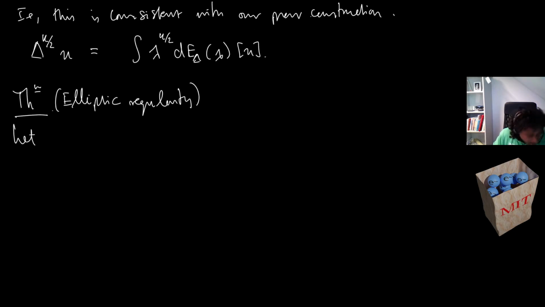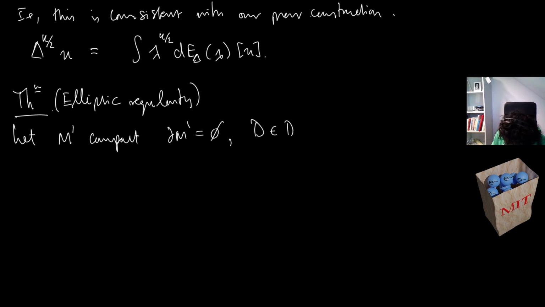So let M prime be a compact manifold without boundary, and D is an order m differential operator from E to F that's elliptic.